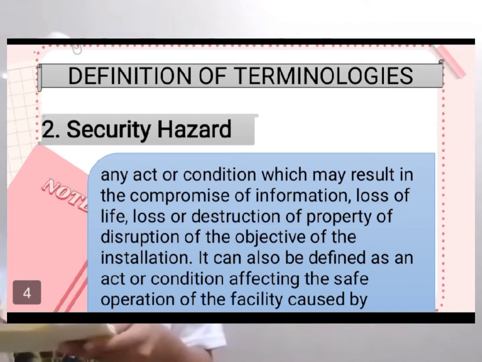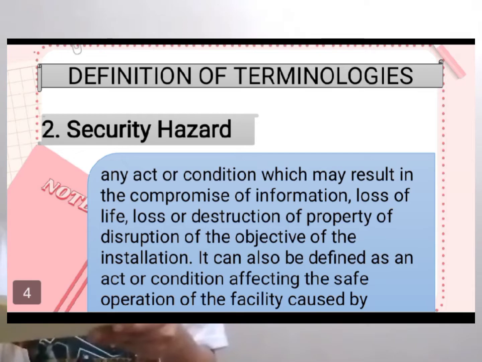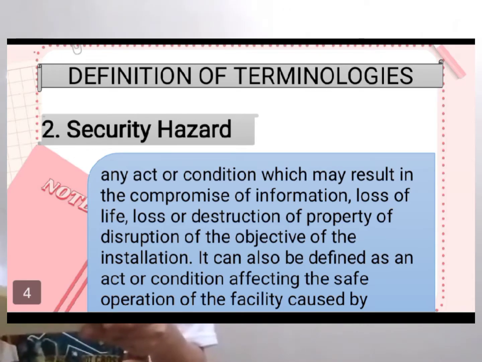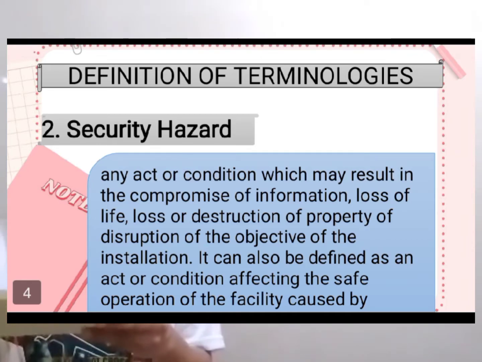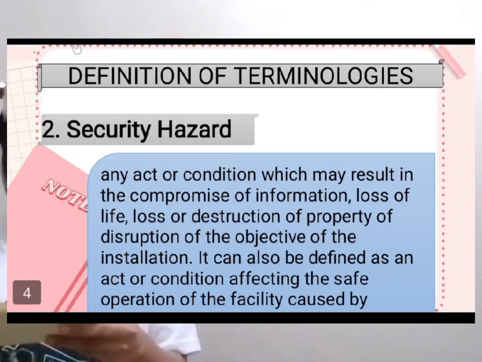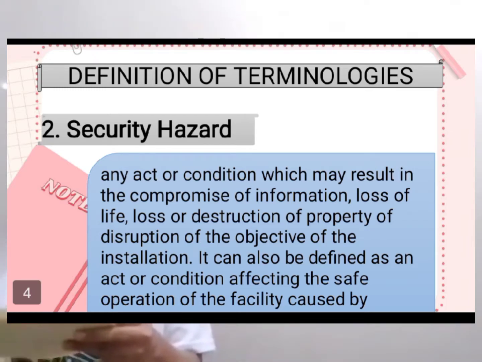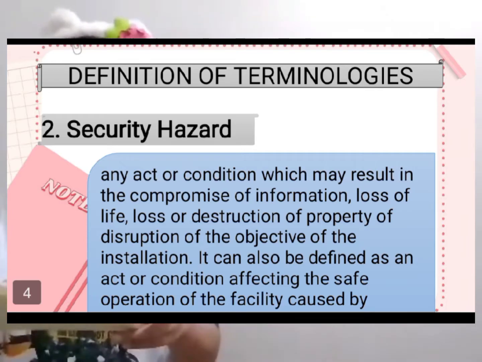Any act or condition which may result in the compromise of information, loss of life, loss or destruction of property, or disruption of the objective of the installation. It can also be defined as an act or condition affecting the safe operation of the facility caused by human action, accident, or intention.